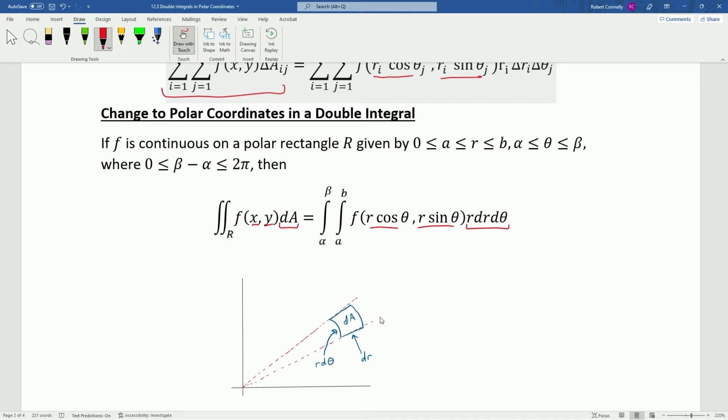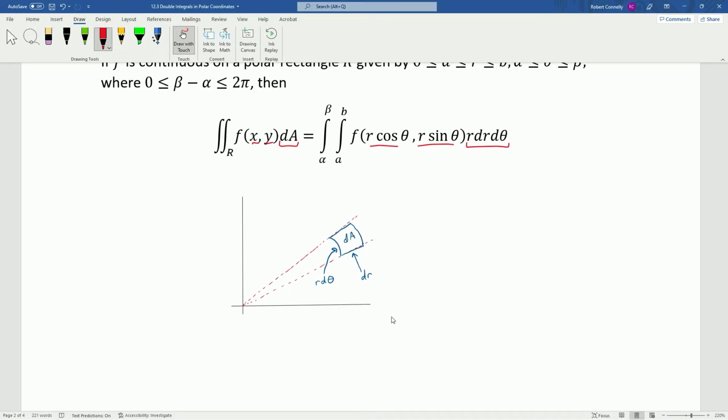Okay, so that's pretty much the key idea here. One thing that might help you remember the key part of the change, dA equals r dr d theta, is if you draw this little polar region, you can think of this side of the polar rectangle as being dr, and this side of the polar rectangle as being r times d theta, right? Because that's the length of this segment of a circle.